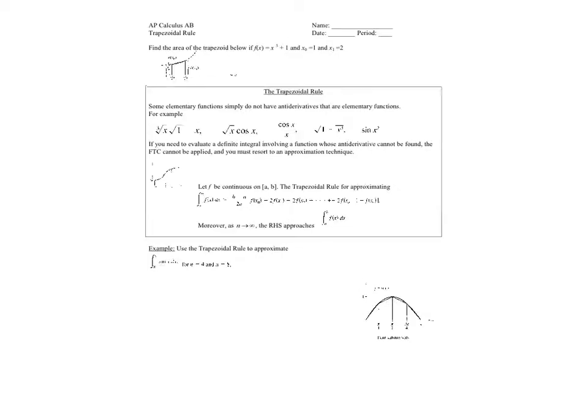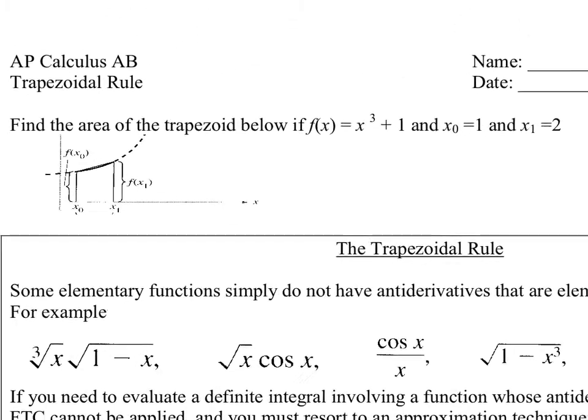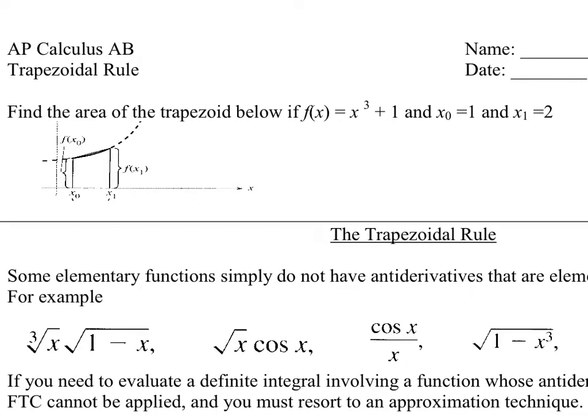So let me show you what we're talking about here. Let's say that we have this function, x cubed plus 1, and you'll notice I have x sub 0 is 1, and x sub 1 is 2, and I want to approximate the area underneath the curve of x cubed plus 1.